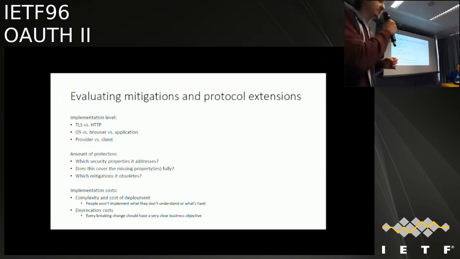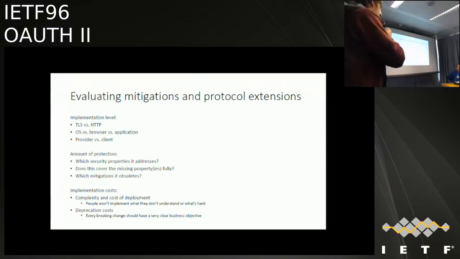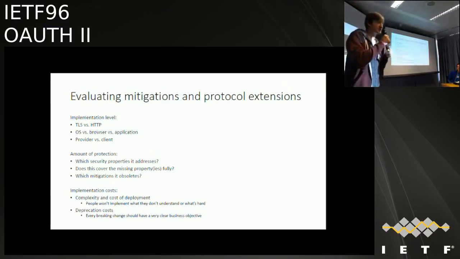It wasn't mentioned explicitly in the mix-up mitigation draft, but there might be mitigations where changes are required only on the provider side, and there are mitigations which would require both sides, provider and client, to change their behavior.